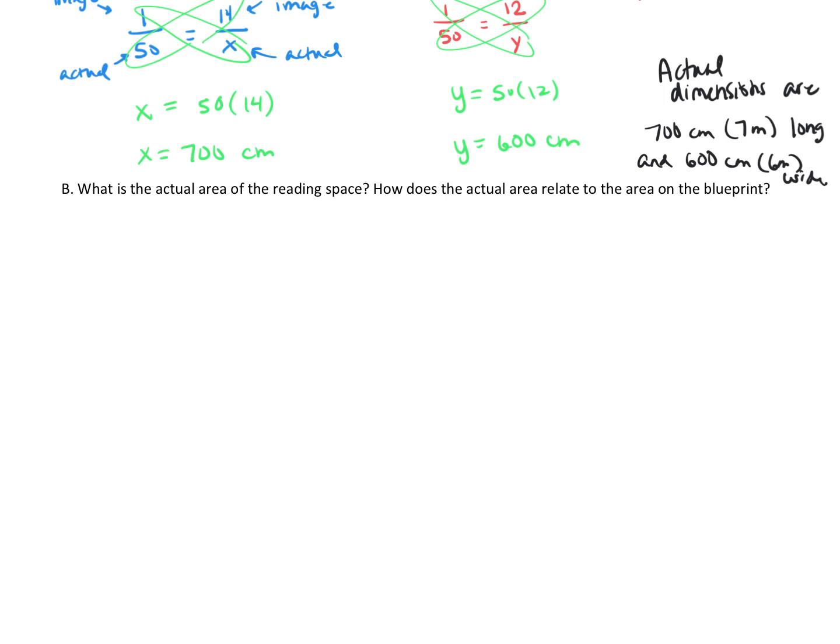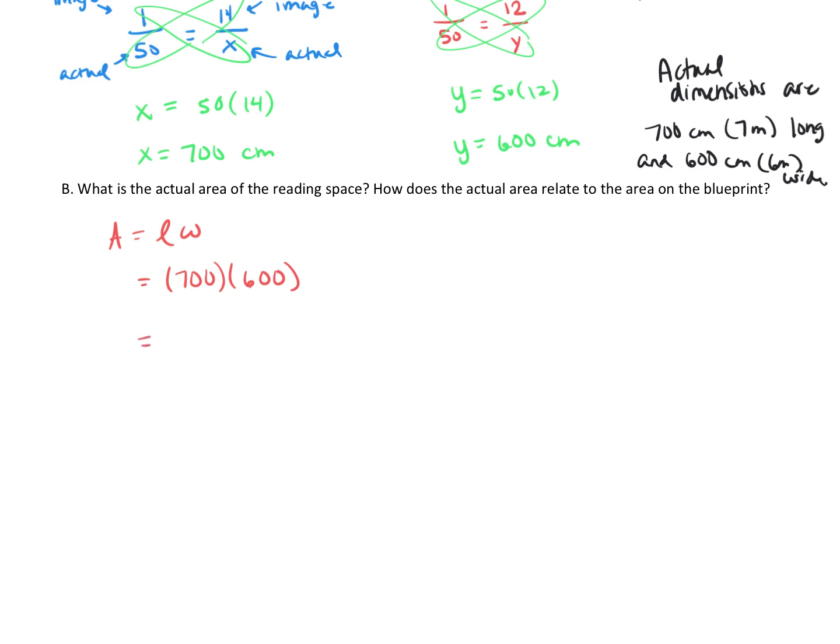Last question is, what is the actual area of the reading space? Well, this is a rectangular reading space. Area is equal to length times width. We just figured out that the length is 700 centimeters. The width is 600 centimeters.